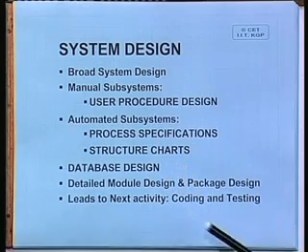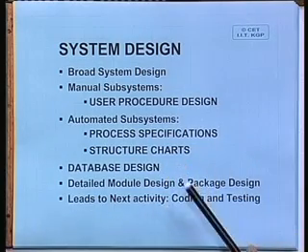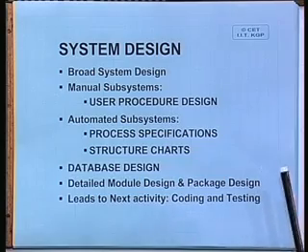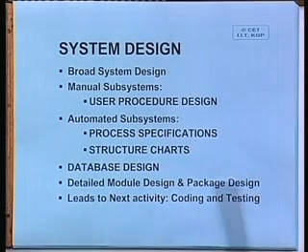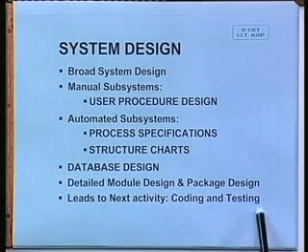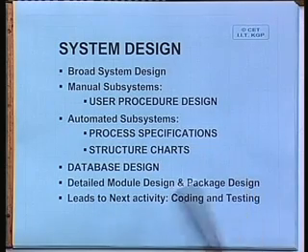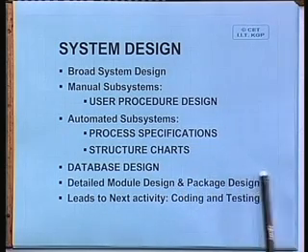There are lots of things in database design, we will discuss it in great detail next week. Then detailed module design and package design, which will ultimately lead to coding and testing, fine. So, these are our system design activities.